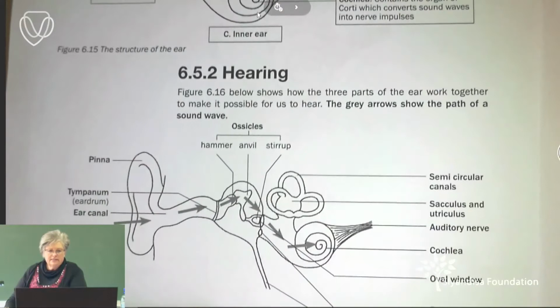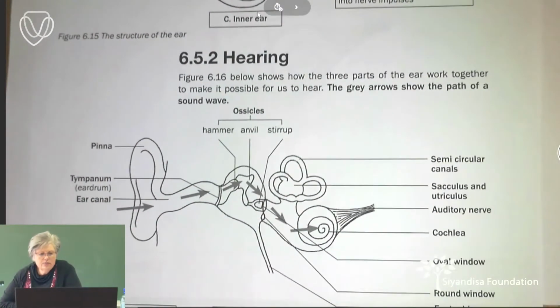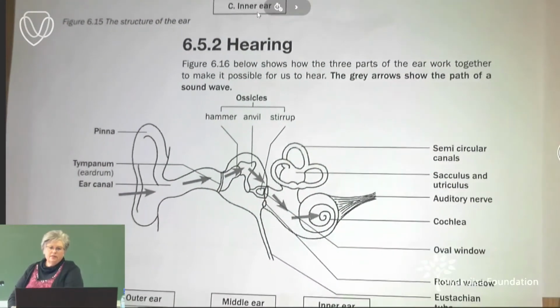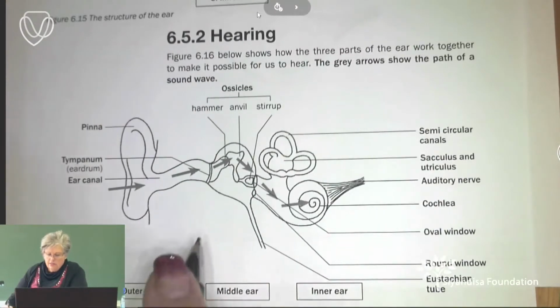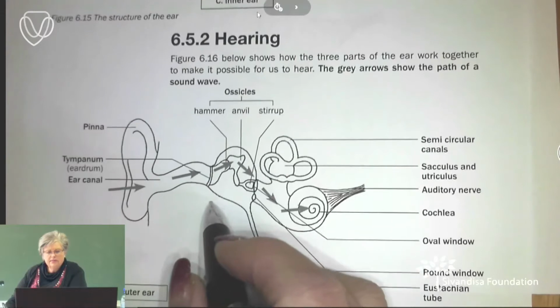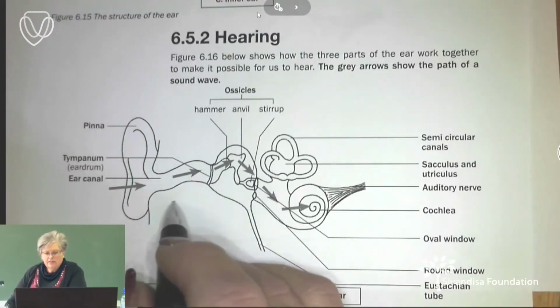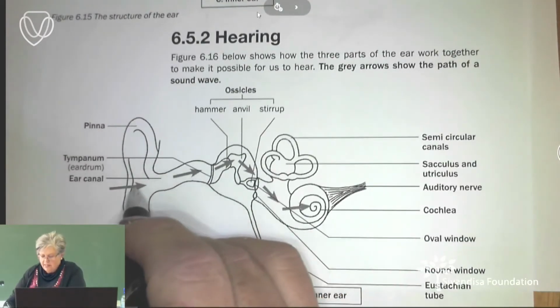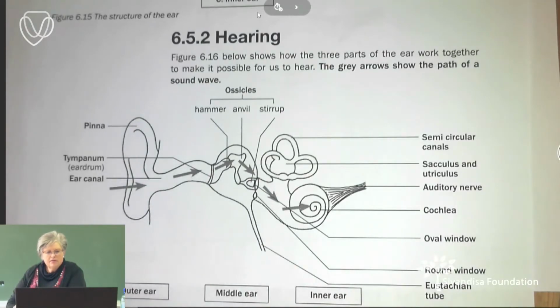Then it clearly says that we must know hearing. So the best way to learn hearing, and in many question papers, it's a level A question, but you need level A marks. It says you describe the path of a sound wave through the ear.